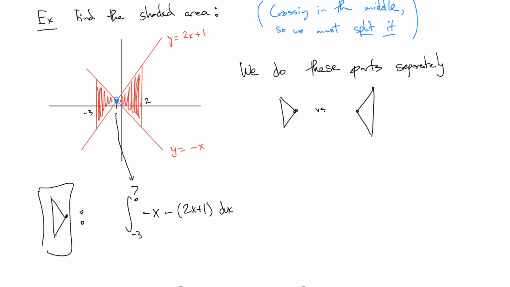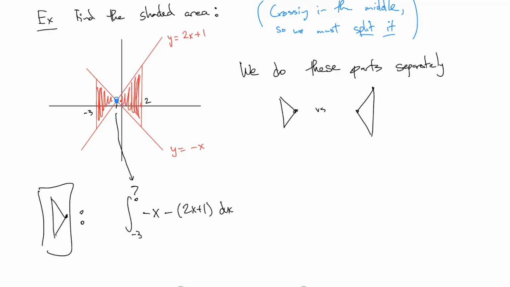We do have to do one extra step here, which is to find the location of that blue point, which is not at the origin. It's off to the side a little bit, and I did that intentionally. Anybody want to suggest how we can find the blue point?